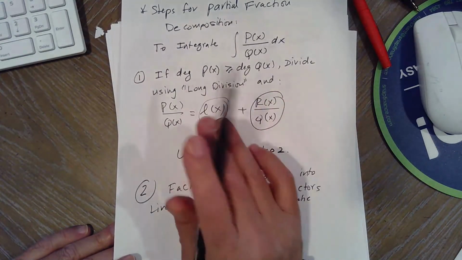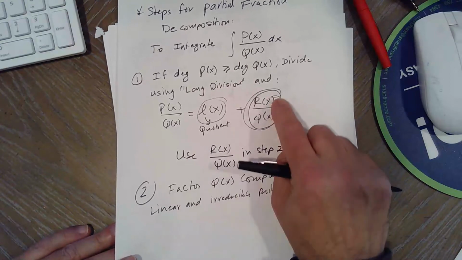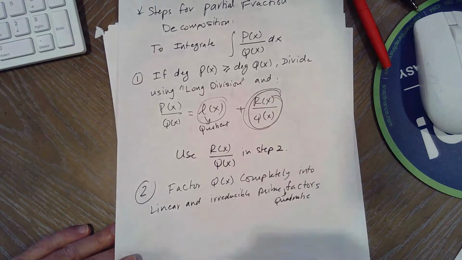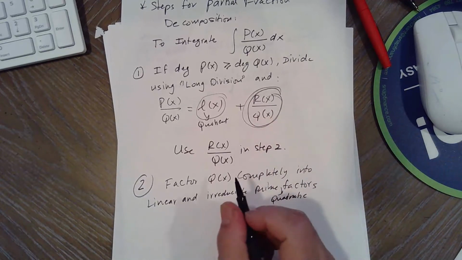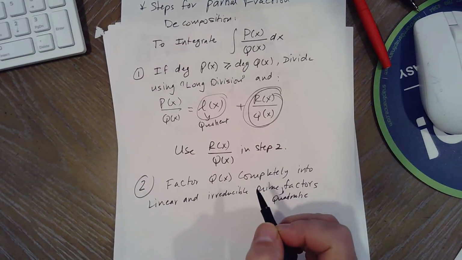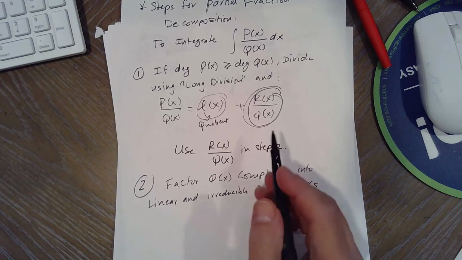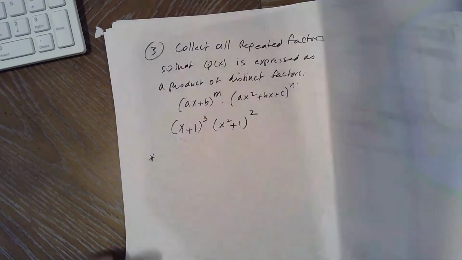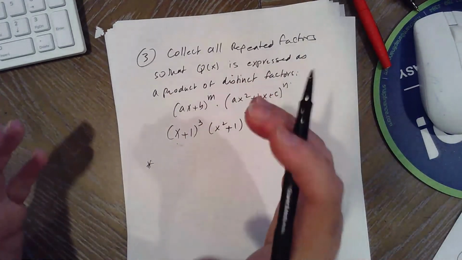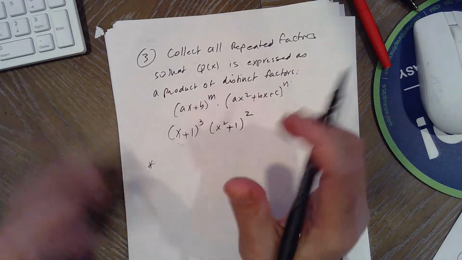If it's greater, you do long division, then take the part where the degree of the top is less than the degree of the bottom, and act on that. Then the next step is to factor the bottom completely and collect, so you want the bottom basically in prime factored form.